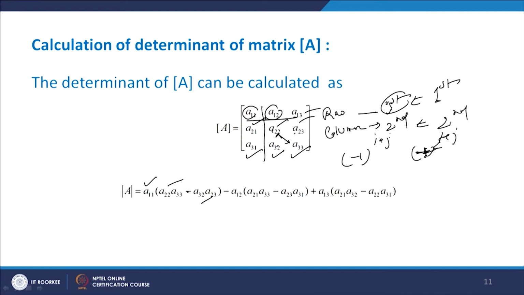So i is 1, j is 2, so (-1) raised to 3 gives minus 1. So we get minus A12, then A21 multiplied by A33 minus A31 into A23. And lastly plus A13, remove this row and column, so we will get A21 multiplied by A32 minus A22 multiplied by A31. In this way we calculate the determinant of A.